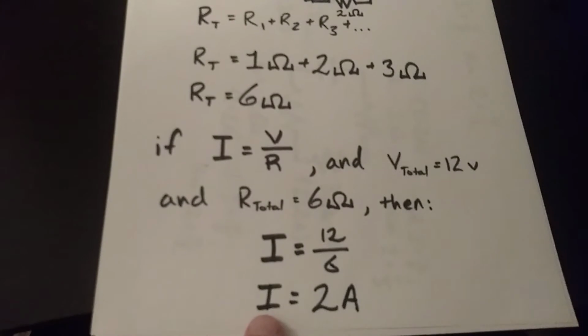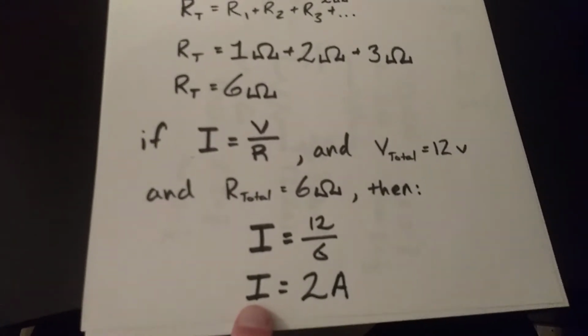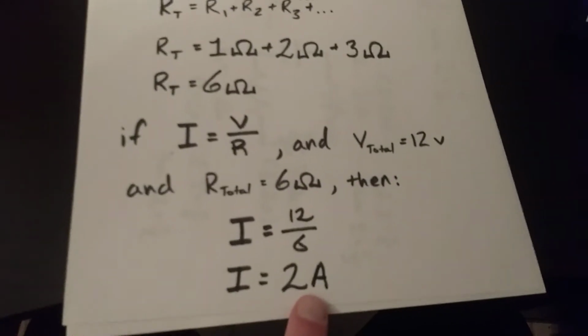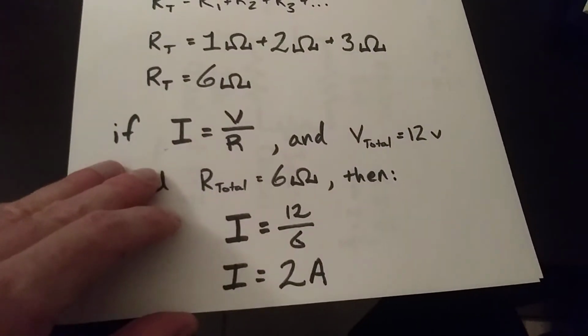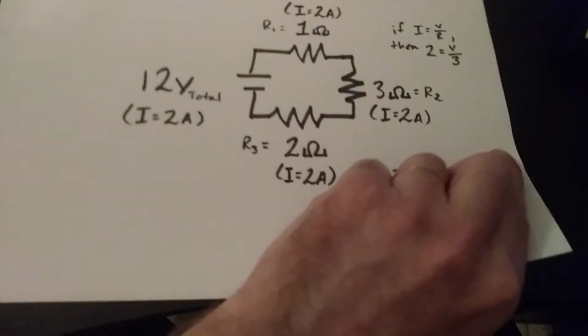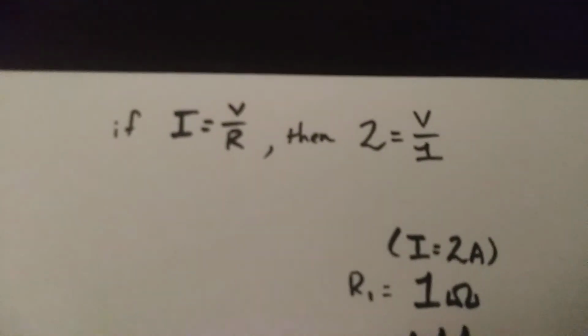And we get that this circuit has a current of 2 amps, or amperes. It's a 2 amp circuit. Don't be stressed. This is not as bad as it looks.